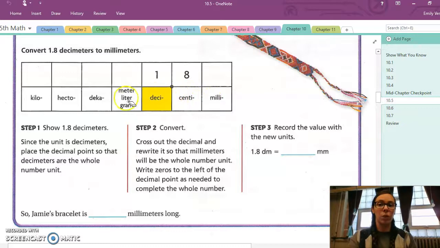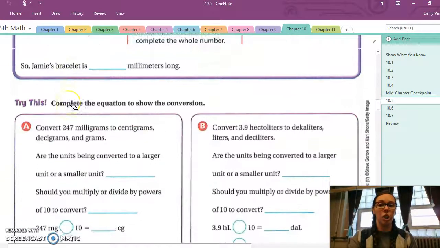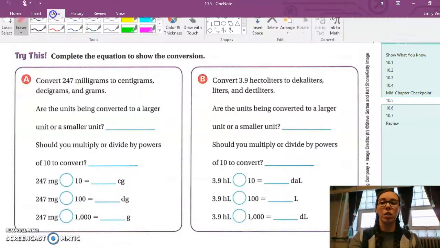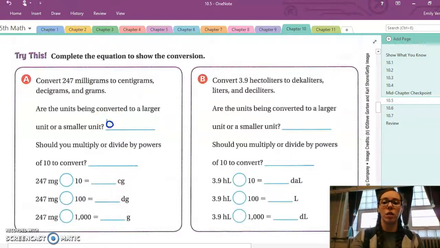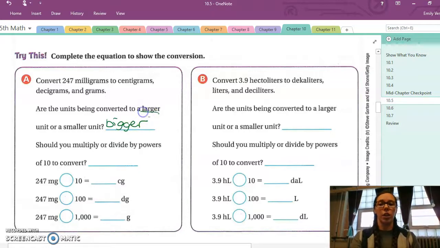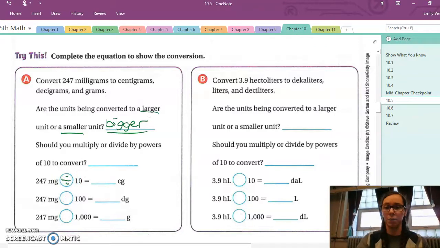Remember, as we move left, our units get larger, so we're going bigger. Should you multiply or divide by powers of 10 to convert? If we're going small to big, what operation do we use? You can use a little division, right? Okay, so then we'll use divide.